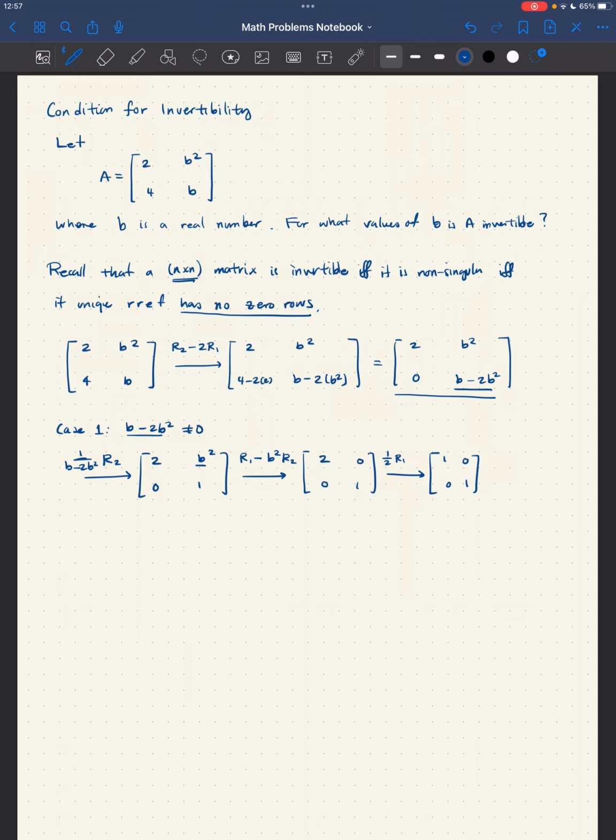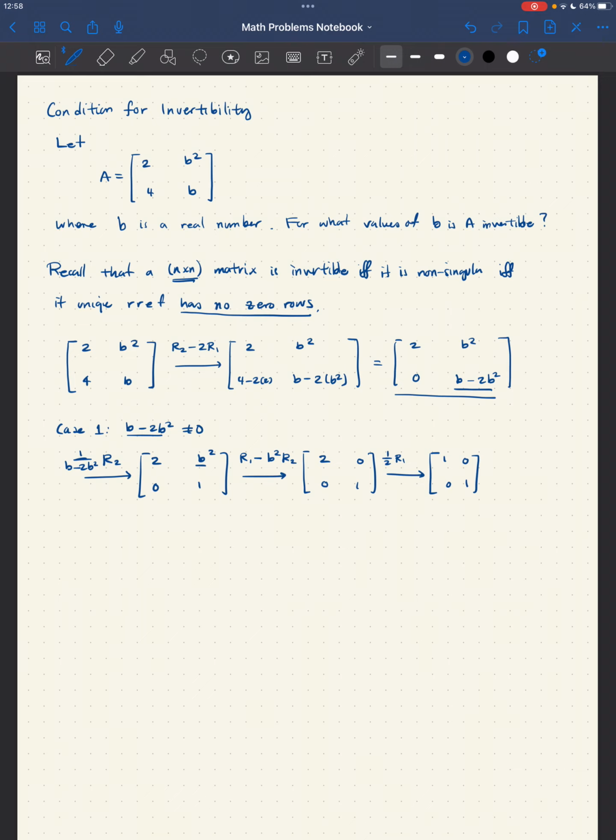So there you go. So I get that the matrix under the condition that b minus 2b squared is different from 0, well, that reduces to the identity matrix, meaning that the row reduced echelon form of this matrix has no 0 rows, meaning that it is invertible.